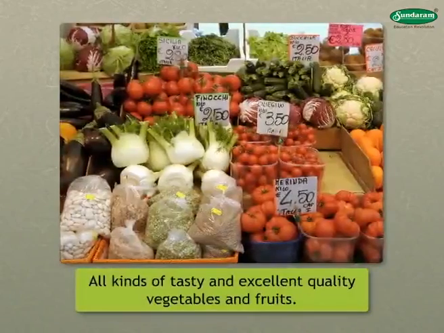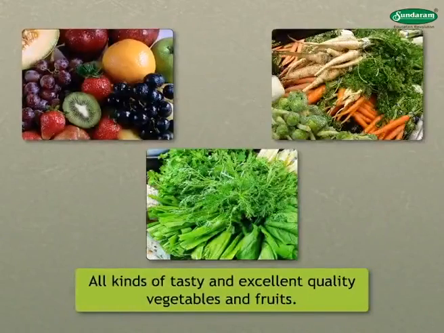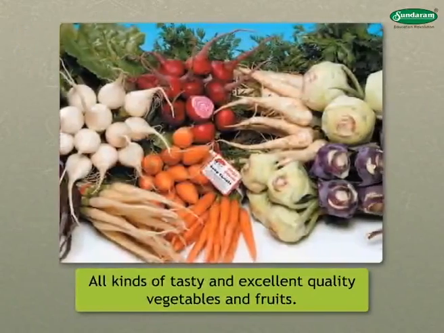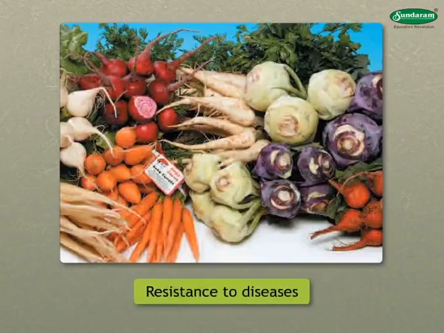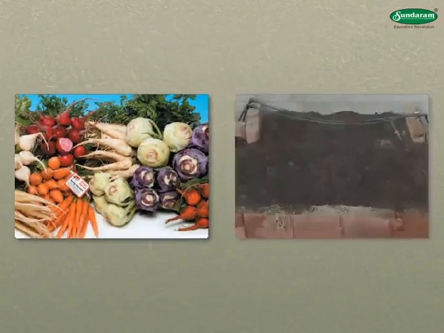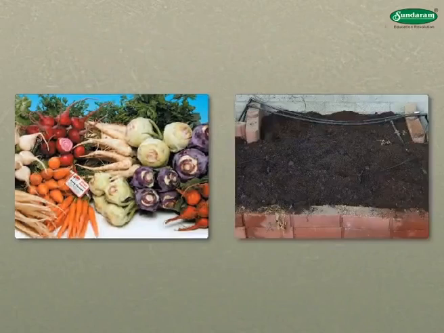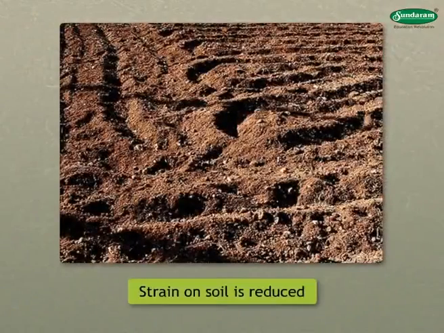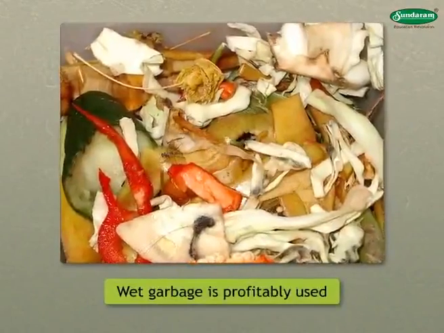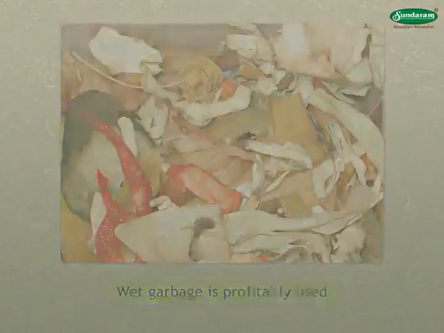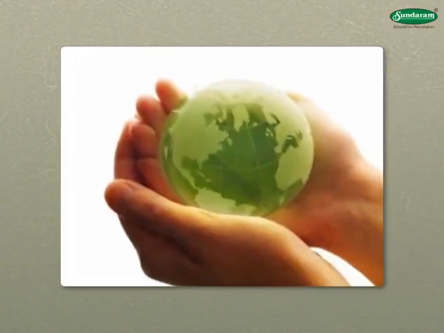All kinds of food crops such as fruits, vegetables, leafy vegetables and tubers of excellent quality having good taste and resistance to disease are grown with the help of this manure. This not only reduces the strain on soil, but helps to profitably dispose of wet garbage and reduce the strain on the environment to some extent.